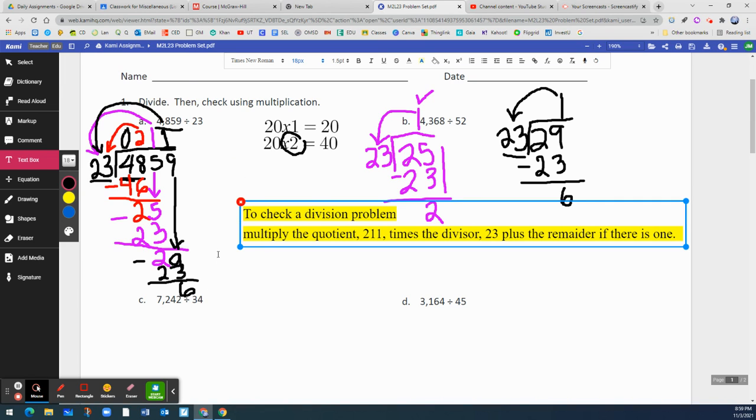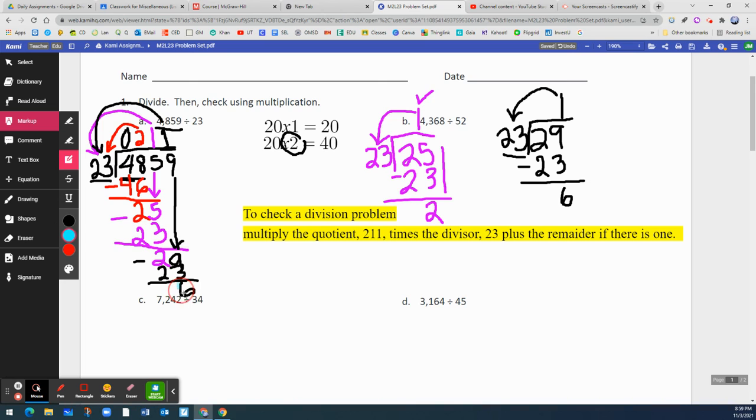And in this case, the remainder for this problem will be the 6.